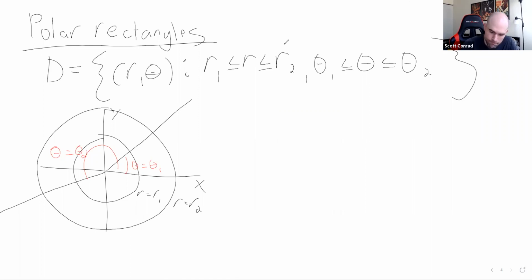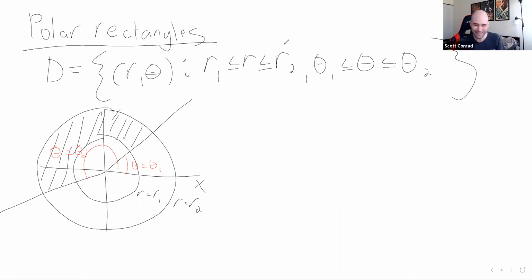Okay. And if we put all these together, the set of points which lie in between those two circles and whose angle is bigger than theta 1, this first line here, and smaller than theta 2, the second one, we get this region here.